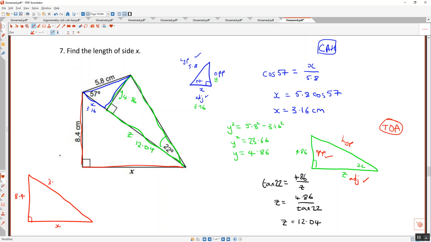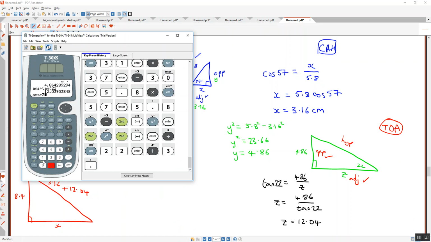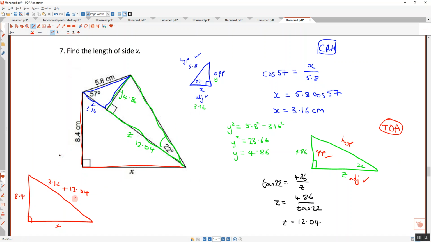This is 3.16 plus 12.04, which is 15.1995. So let's say 15.2.